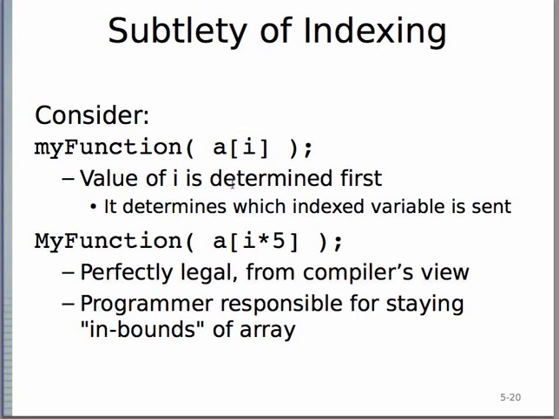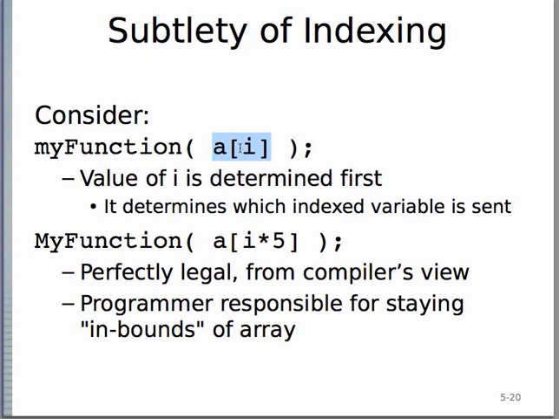Alright, so when you do indexing, one thing you may want to think about, though it won't be that crucial right now, is that the C++ compiler will determine what value i has first, and then determine what a sub i is, and whether it is the right type to pass in.